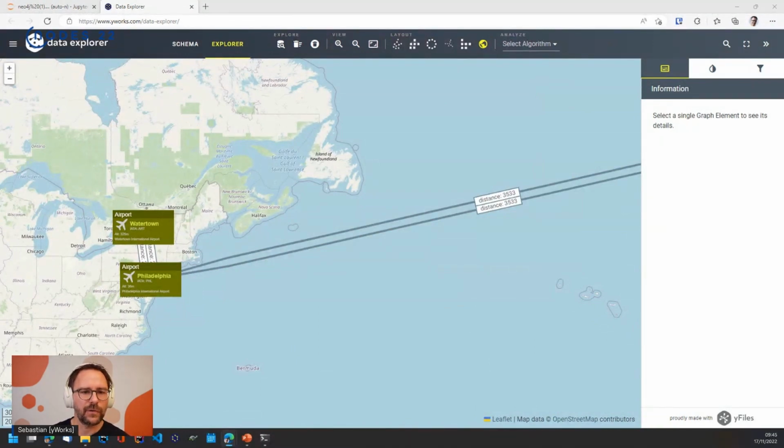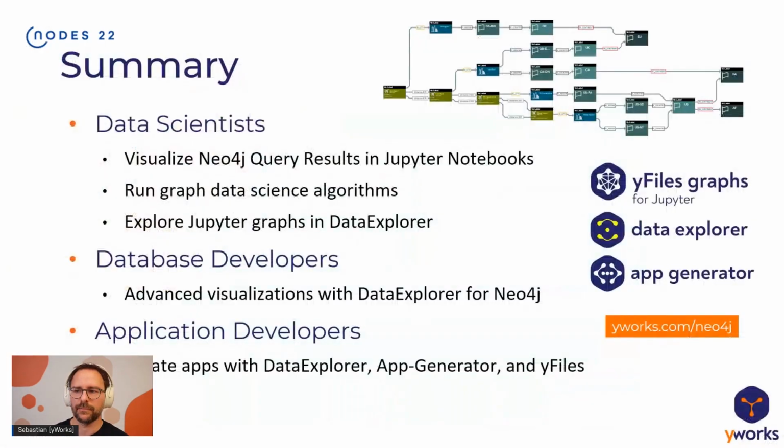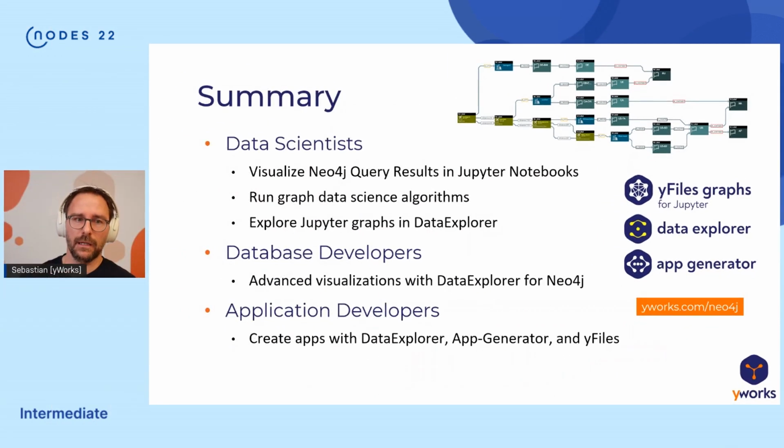Okay, so much for this application. Let's see the summary. We arrived at the summary slide, hopefully in time. I hope I was able to show you that creating visualizations from your Neo4j data with the help of Jupyter Notebooks is easy and powerful.